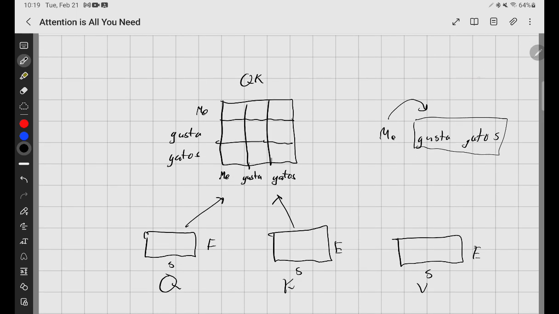So we want to simulate this, and to do that, we can mask out the future tokens so that it can't look at those. Me can't look at gusta and gatos because it hasn't generated them yet. But whenever we get to gusta, it'll have information about me.